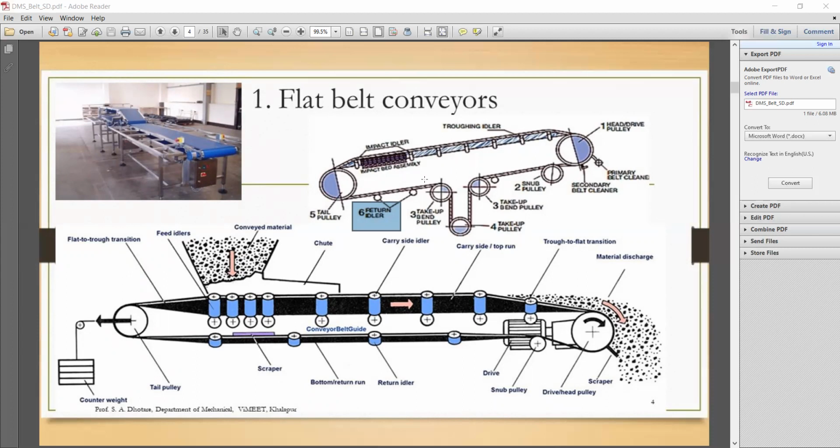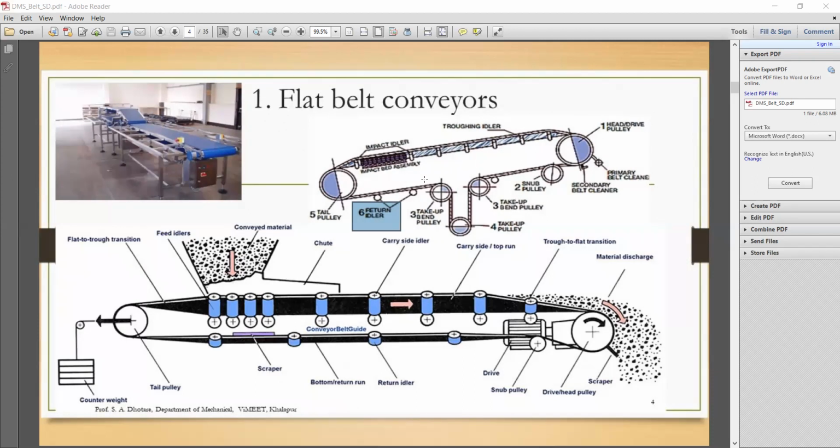In a nutshell, I will try to explain shortly the use of each component. So the conveyor belt is nothing but an endless belt used for carrying the material from one end to another end.